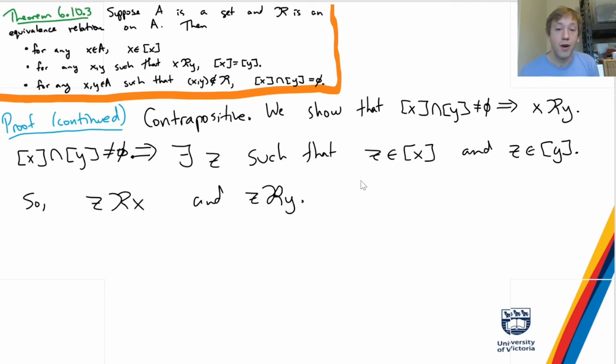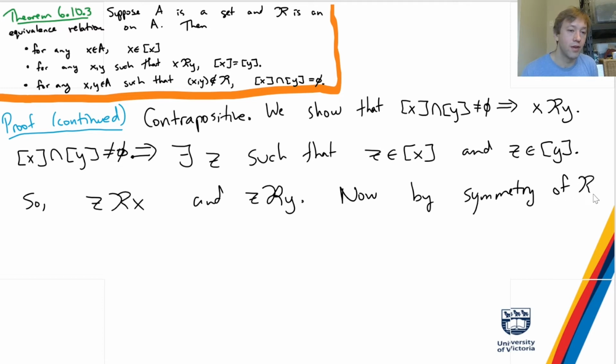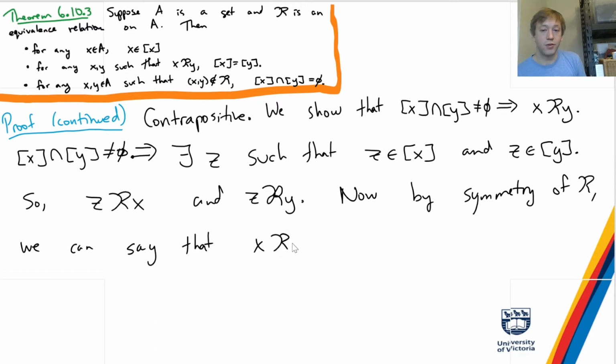Okay? Now, by symmetry of R, we can say that x is related to z, right? Because if z is related to x, which is what we wrote here, then x is related to z by symmetry.